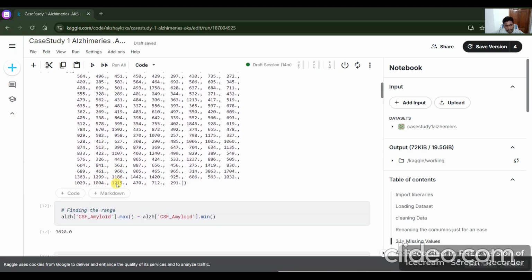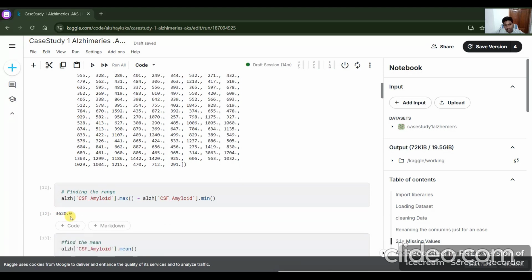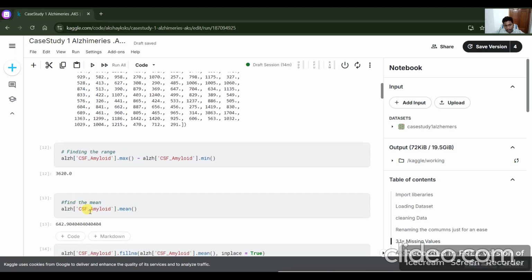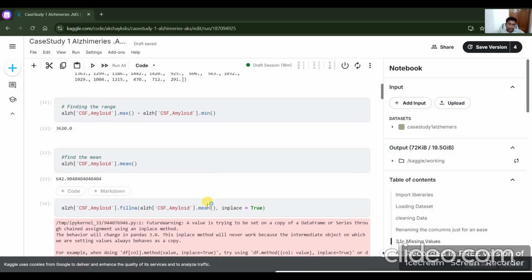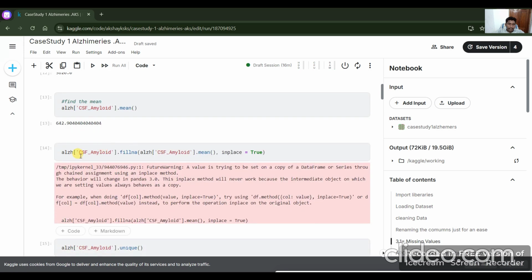Next we find the CSF amyloid range, 3620.0, and then find the mean of CSF amyloid. After all that, the final grouping statement.